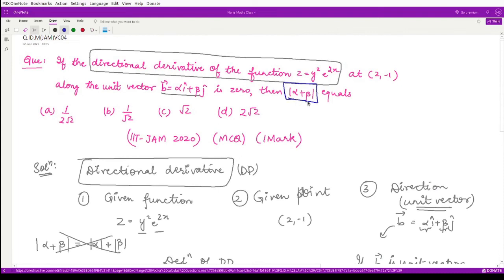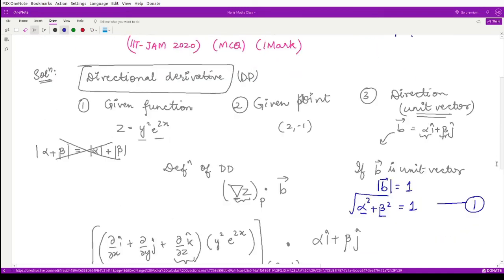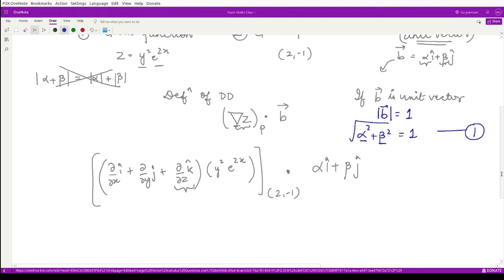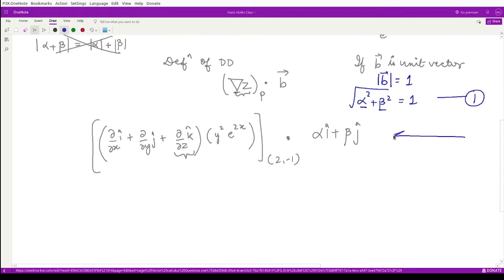In order to determine this, we are to determine what alpha is and what beta is. Here we got one equation, but because we have two unknowns, we also need one more equation. One more equation is given when you solve this quantity. So when you solve this, what do you have? You firstly perform the partial derivatives.